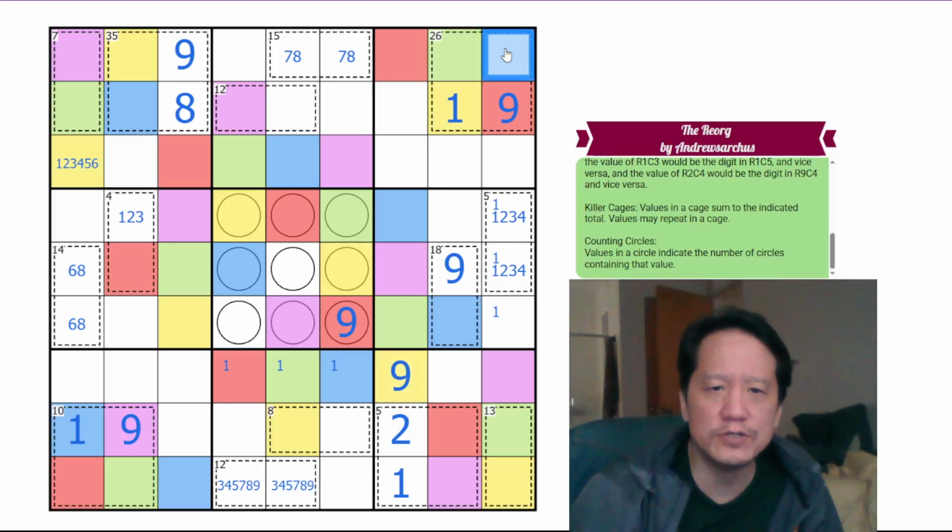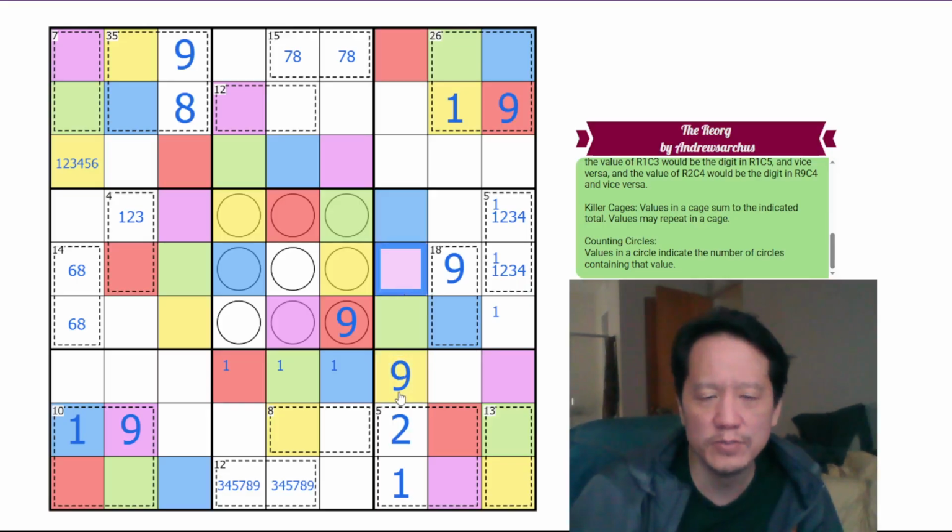So yeah, actually we don't care about cells that don't affect any circles or cages. So this we actually don't care about, because this doesn't give us anything. That doesn't give us anything because it doesn't go to a cage or a circle.